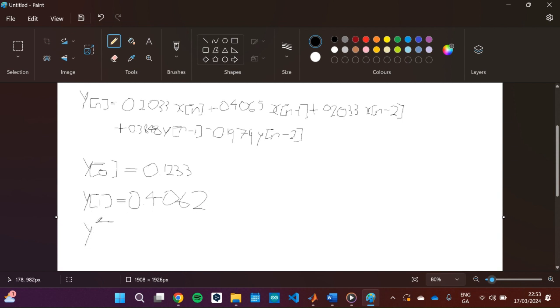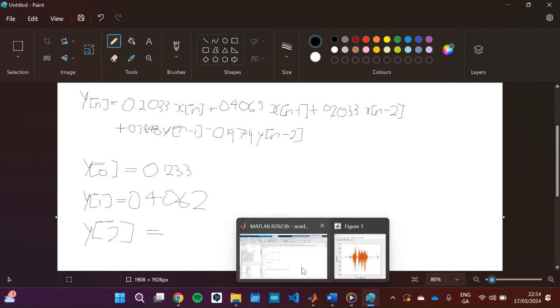Y of 2 will be equal to 0.2033 times x of 2 plus 0.4065 times x of 1 plus 0.2033 times x of 0 plus 0.3848 times y of 1 minus 0.1979 times y of 0. Alright.